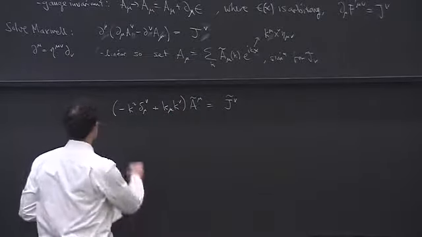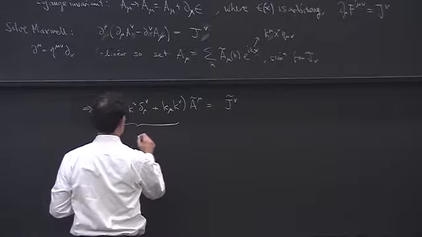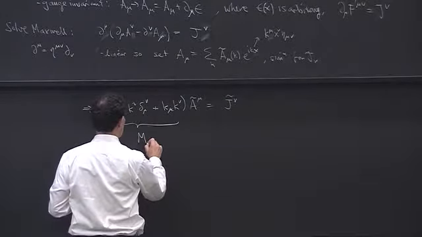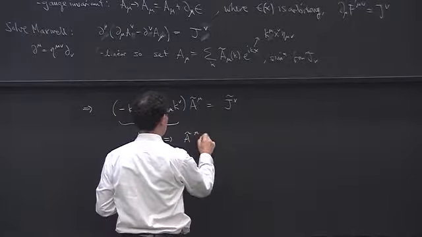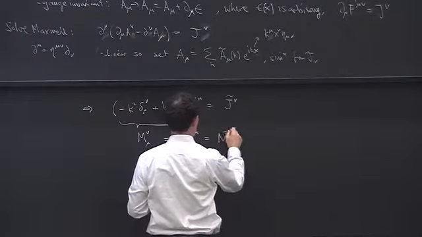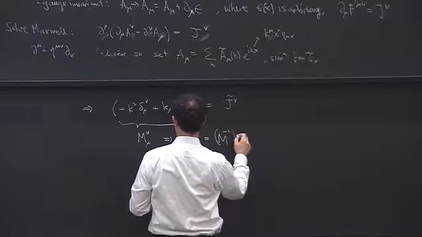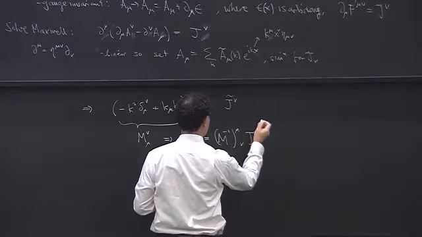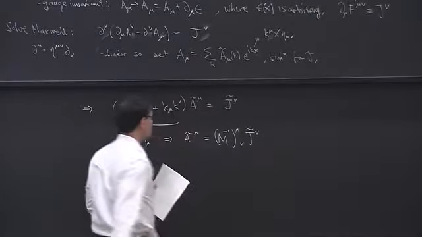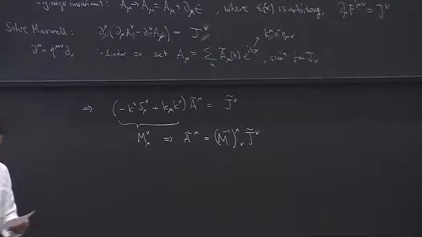But you immediately notice a problem. This is a matrix M mu nu. And so it follows that A tilde mu is the inverse matrix times J nu. But is there an inverse?